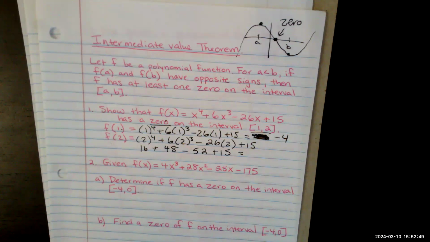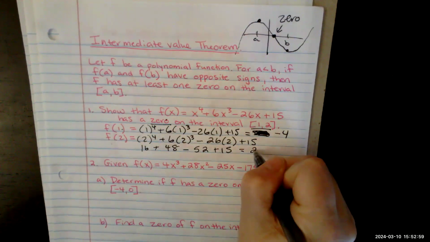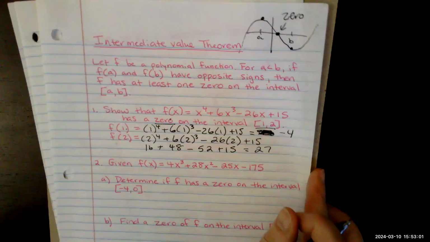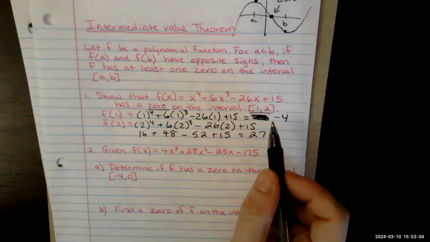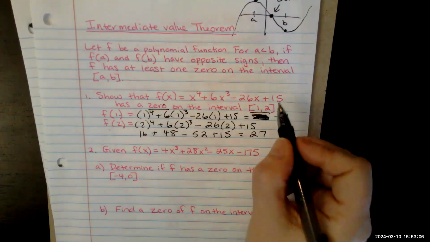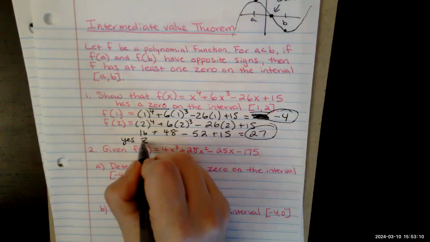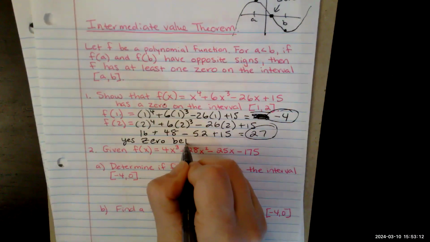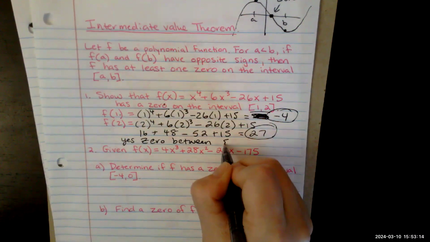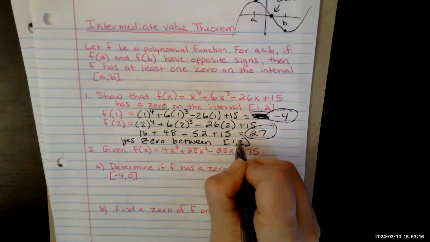So 16 plus 48 minus 52 plus 15. Positive 27. So that shows that there is a 0 in this interval. That's what shows it. So yes, there is a 0 between, we don't know exactly where, but definitely between 1 and 2.